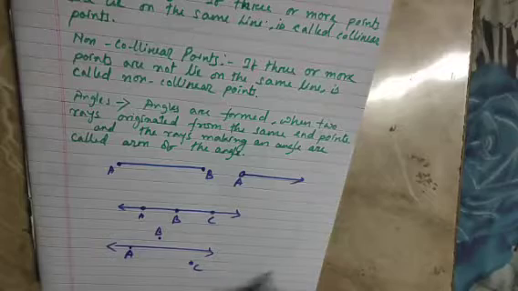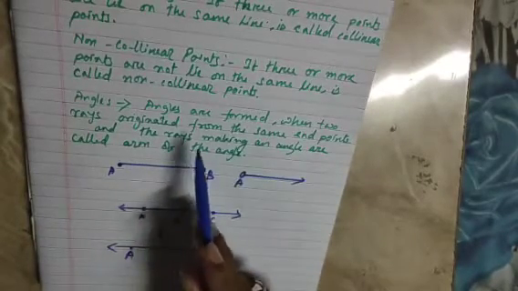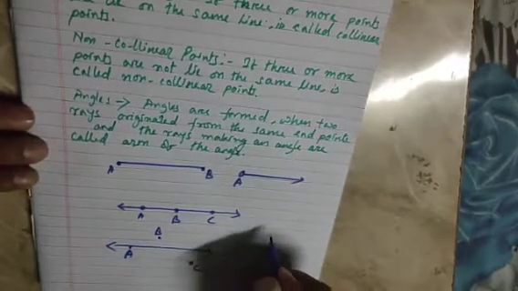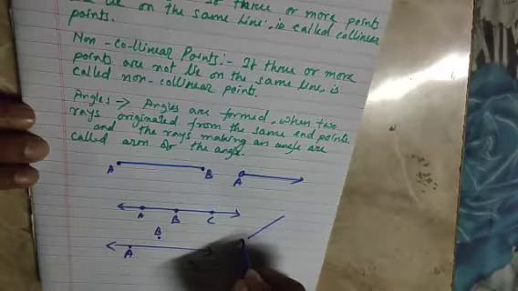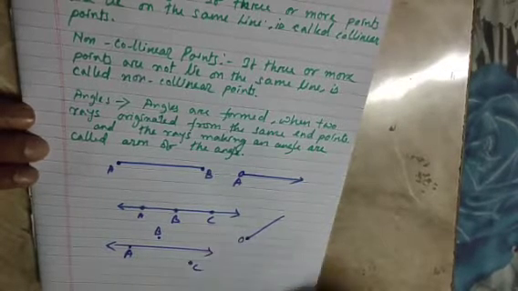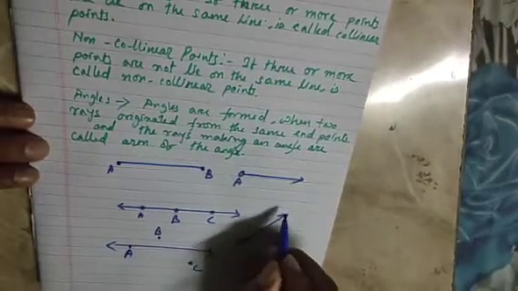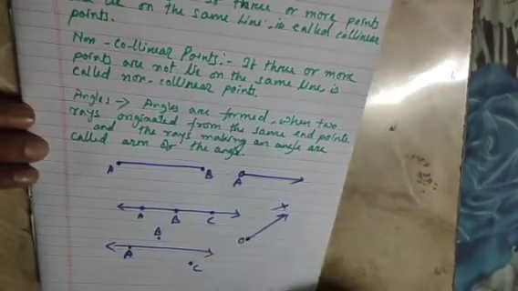Next we have angles. Angles are formed when two rays originate from the same end point. Consider this is a ray, and say O is the end point, with ray OX.